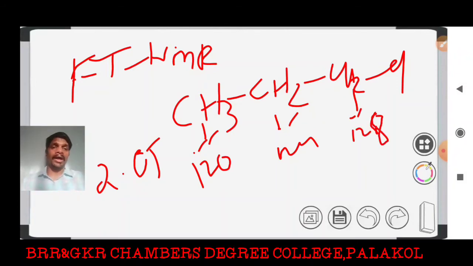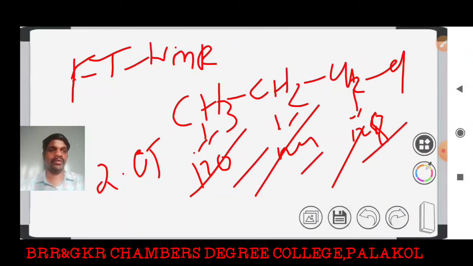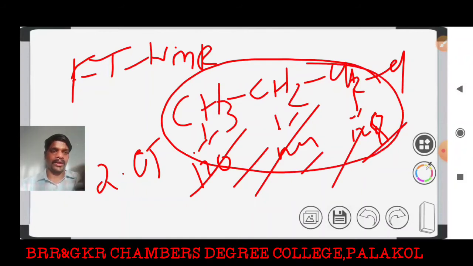Now I pass radio frequency radiation as a pulse. That means the pulse contains a large range of radio frequency radiations, so it contains 120, 124 and 128 megahertz. For our explanation I take 120, 124, 128 megahertz. These are not the exact precession frequencies of these nuclei at 2.0 Tesla.